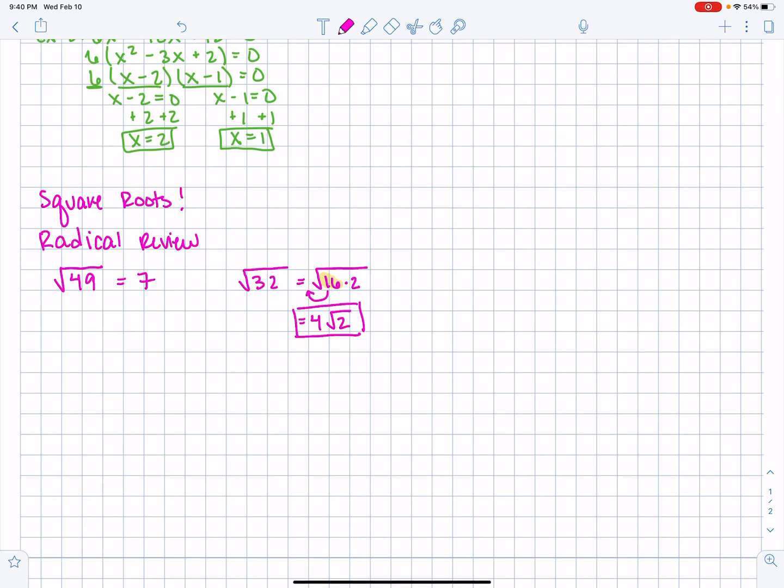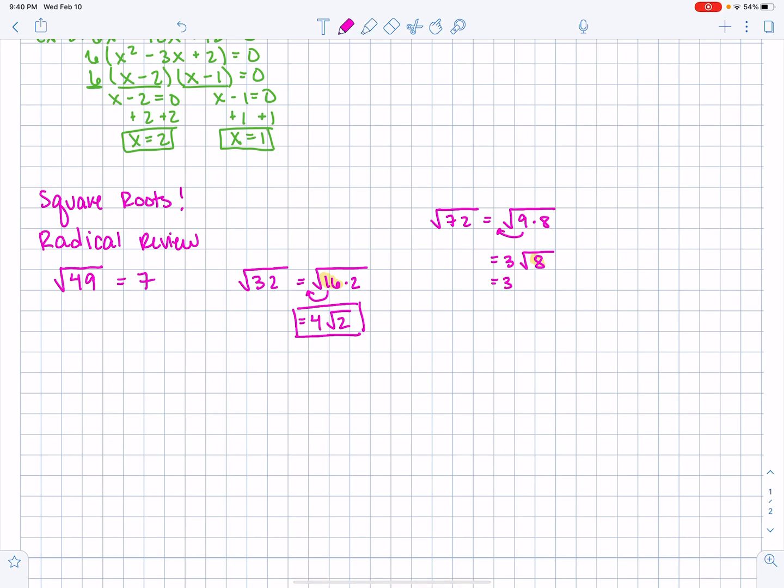Let's try one more here. Actually, I'm going to move this up a little bit. The square root of 72. Now, let's just pretend that you don't see right away that 72 can be divided by 36. Let's say that you break this down into 9 times 8. That's totally fine because you can bring this out and you can say, well, 3 times the square root of 8, but please notice that 8 can be broken down a little bit more.